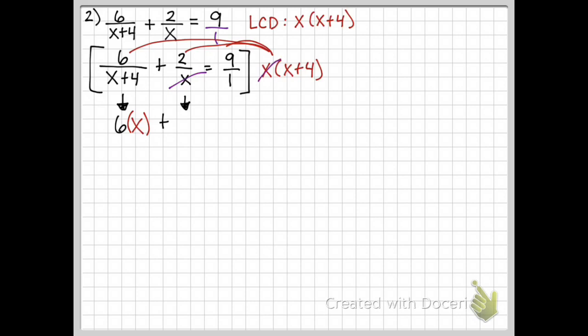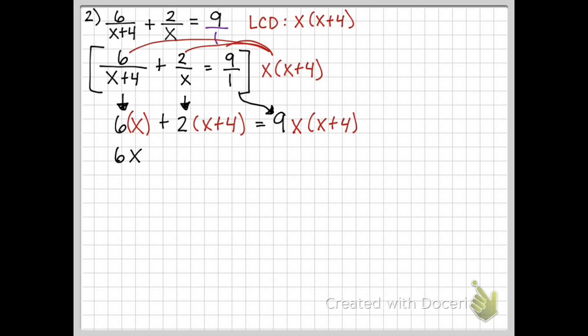So that cancels out. What am I left with? I'm left with this x plus 4, and I'm going to multiply that. So now I'm going to bring down that 2, because that 2 came from here. The x's cancel, and I'm going to multiply that 2 by x plus 4. And then the 9, notice the 1 doesn't cancel with any of these, so I'm going to give the 9 the x and the x plus 4.